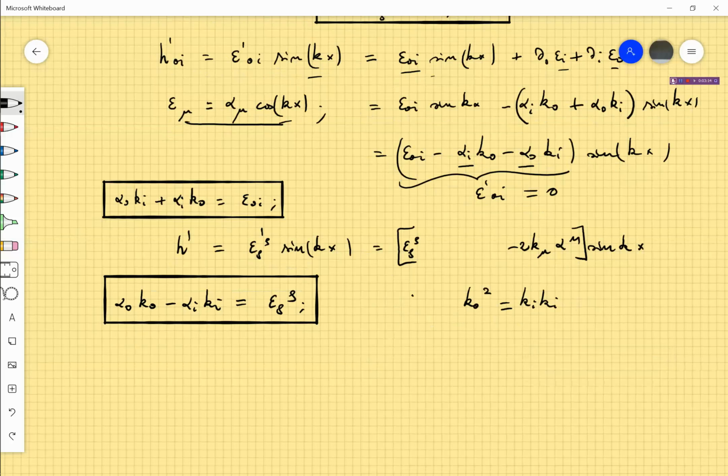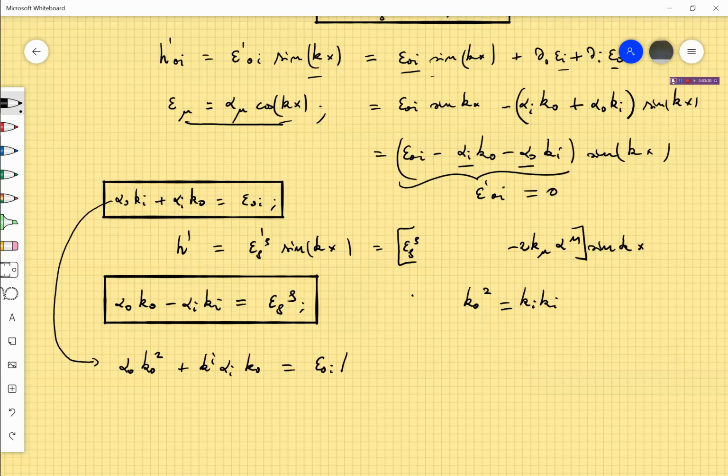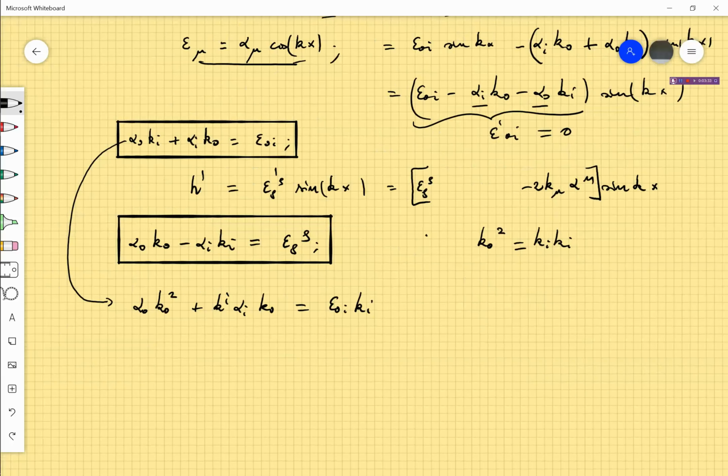You could for instance multiply this equation by ki and then use this condition, so you get k0 squared plus ki alpha i k0, and this is equal to epsilon 0 i ki. And with this, dividing by k0, you get that alpha i is equal to epsilon 0 i ki divided by k0 minus alpha 0 k0.